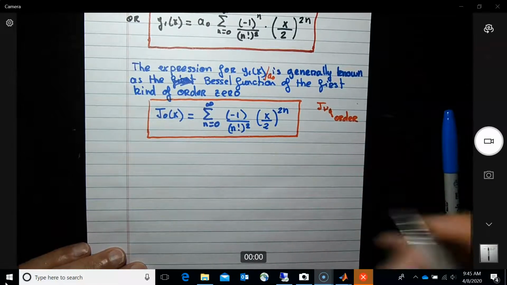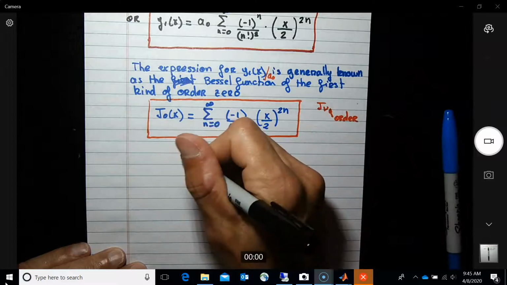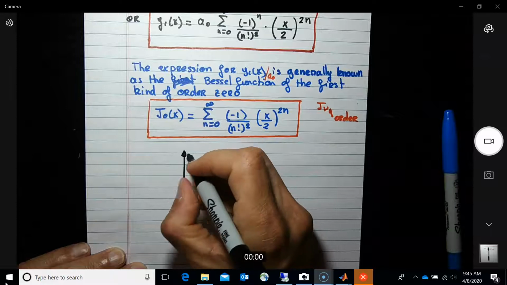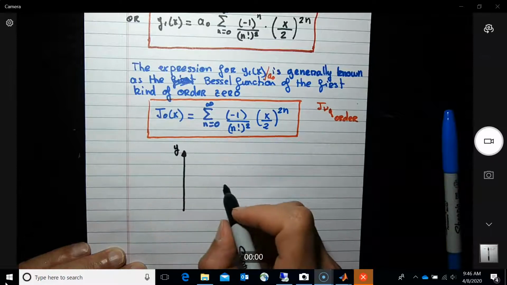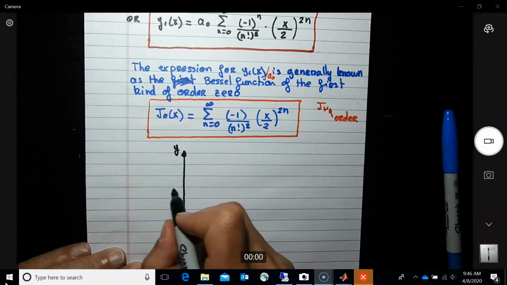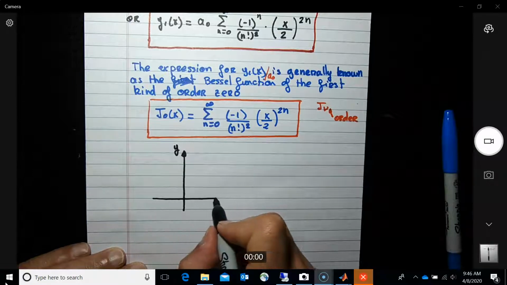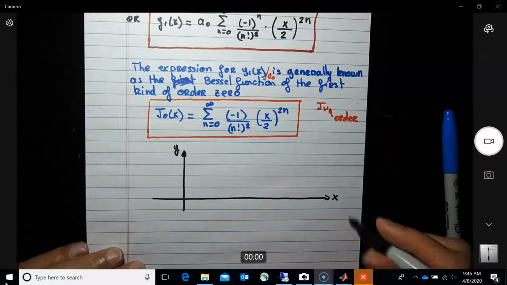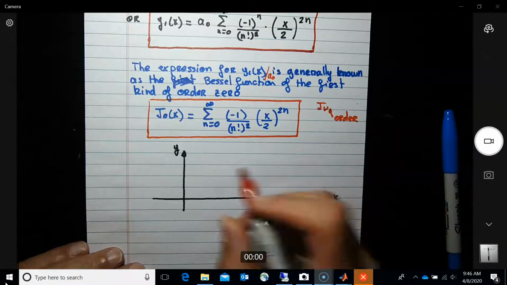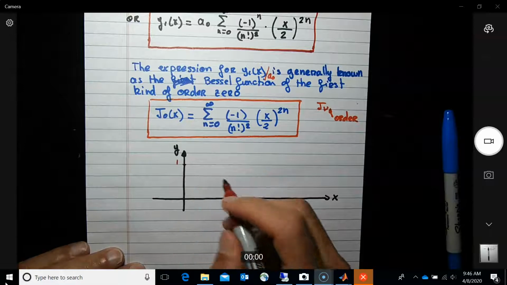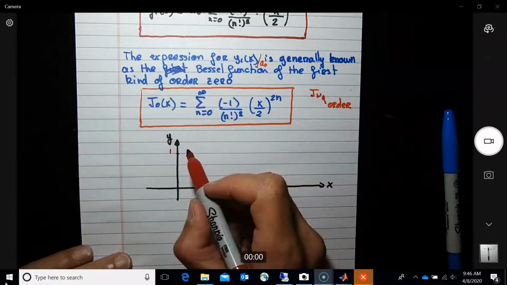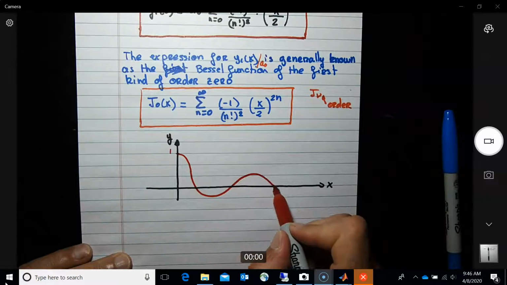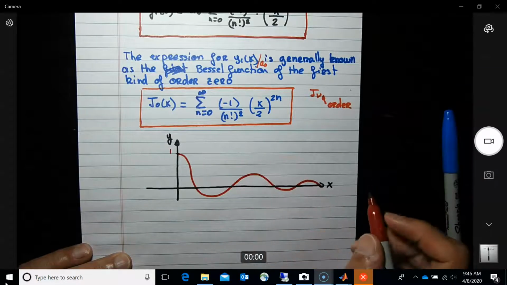So I'm going to do a quick plot just for that one here, and then I'll show you more of these Bessel functions. So it'll be y, and this will be x over here. And basically this function will start at 1. And then basically it starts like a damper, and then we start going smaller and smaller, okay?